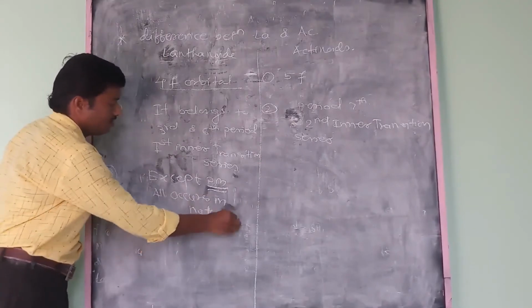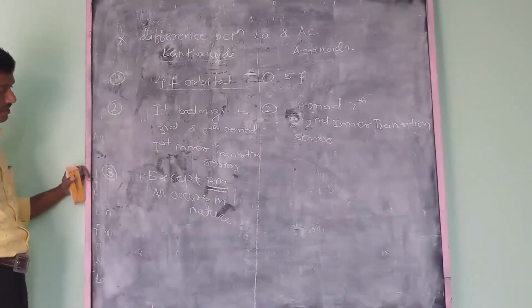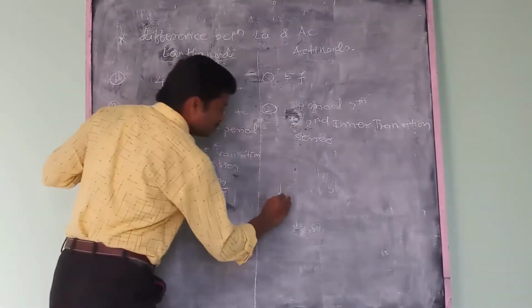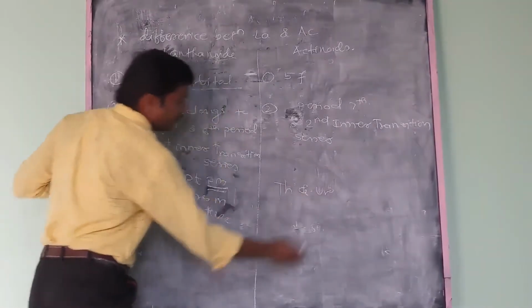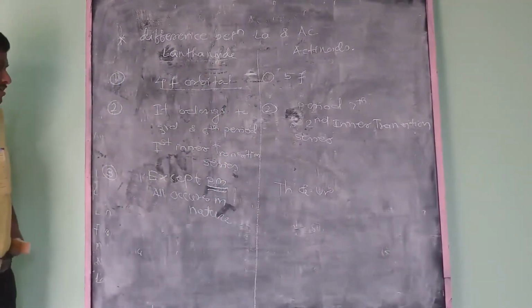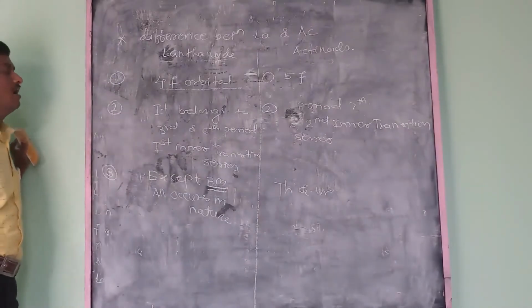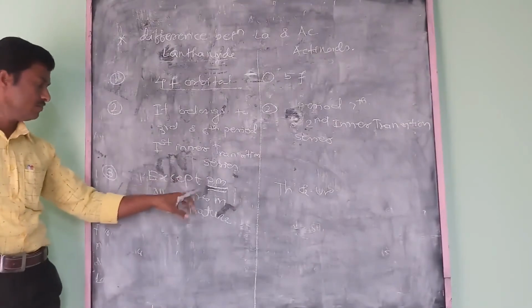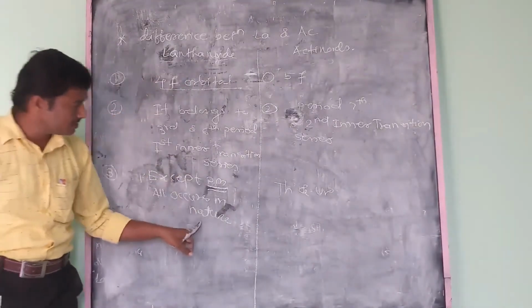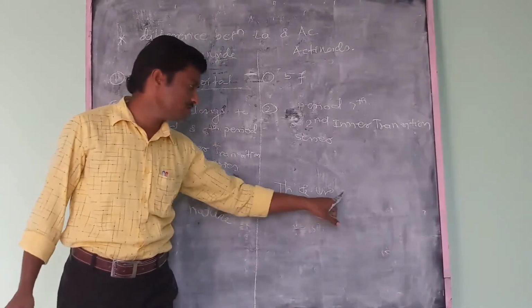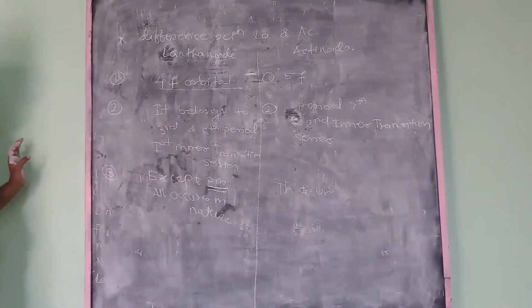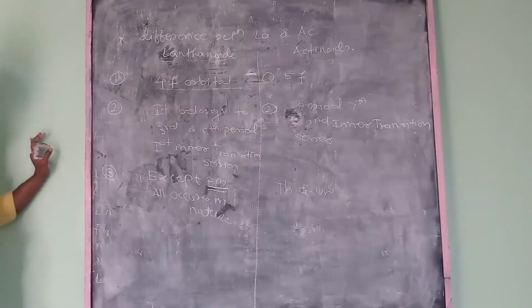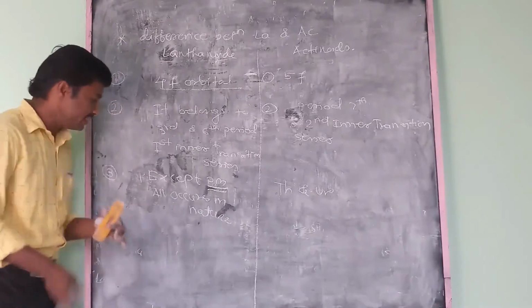But among actinoids, only thorium and uranium occur in nature, and the other elements are prepared in the laboratory, also called man-made.